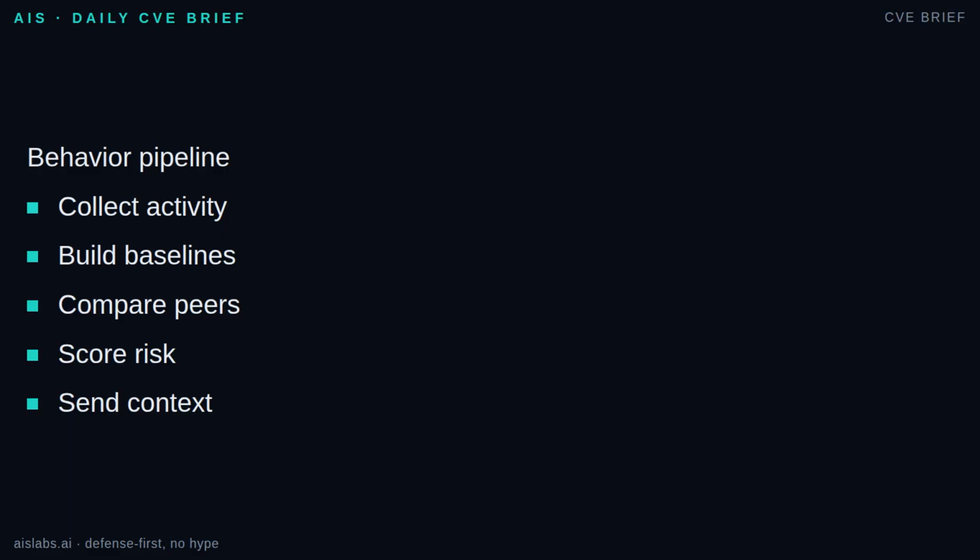Then it compares behavior to the entity's own history and to similar entities. A domain controller should not be compared to a kiosk. After that, it assigns risk. One odd event may be low. 5 weak signals across identity, device, and network can become high priority. Finally, it sends context to analysts, often through the SIEM, case management, or alert queue.